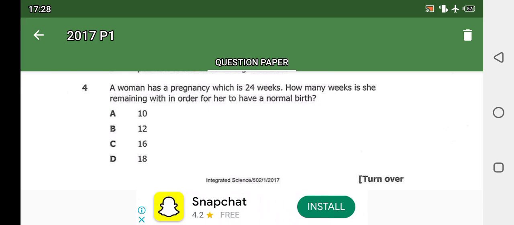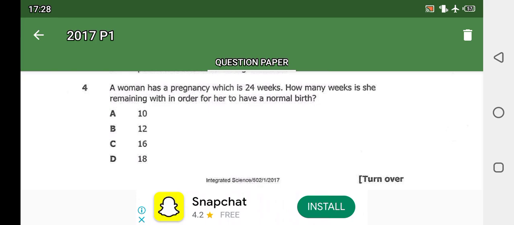So this pregnant woman has already spent 24 weeks. We are going to subtract 40 weeks minus 24 weeks, which has been covered. So it will be 16 weeks remaining until delivery.